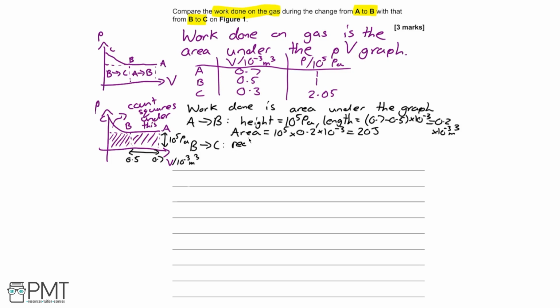So for the rectangle, we have the same height. It's 10 to the 5 because it's just the height of B. The width is the same as well because the change in volume is the same. So in other words, the length of this rectangle is 0.5 minus 0.3 times 10 to the minus 3, which is equal to 0.2 times 10 to the minus 3 meters cubed.